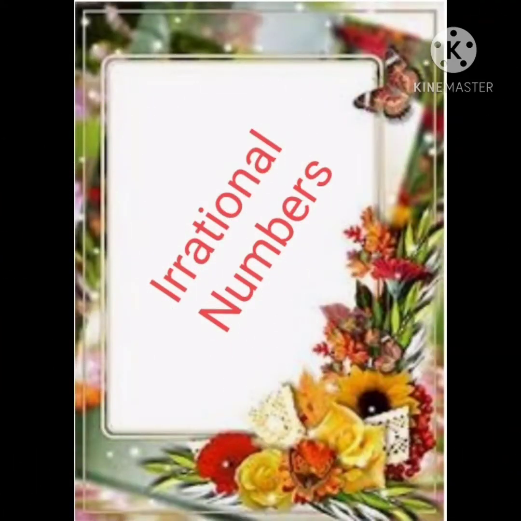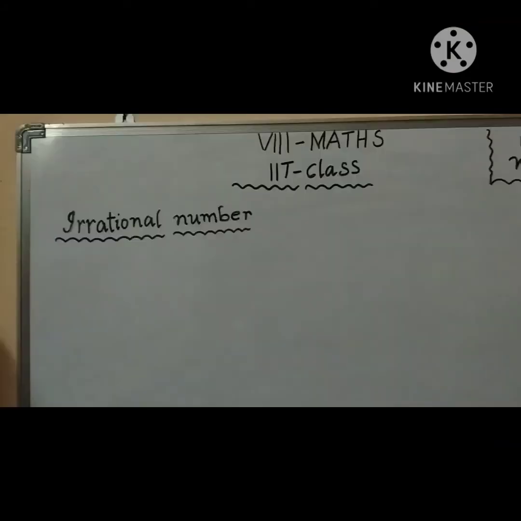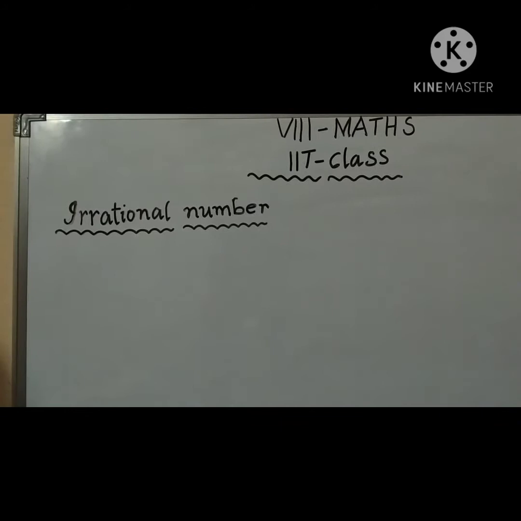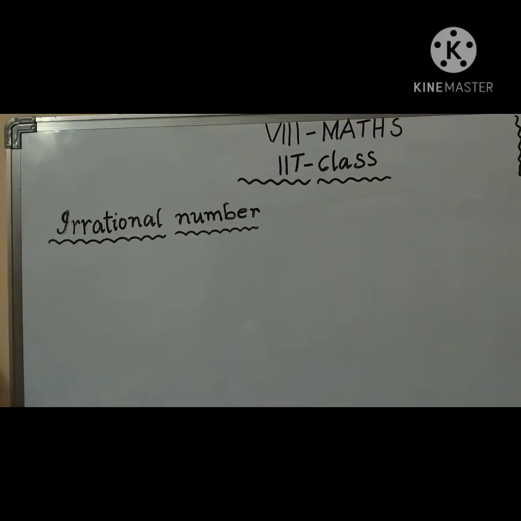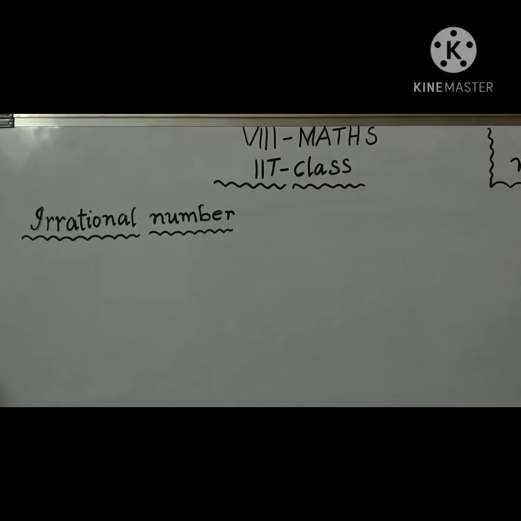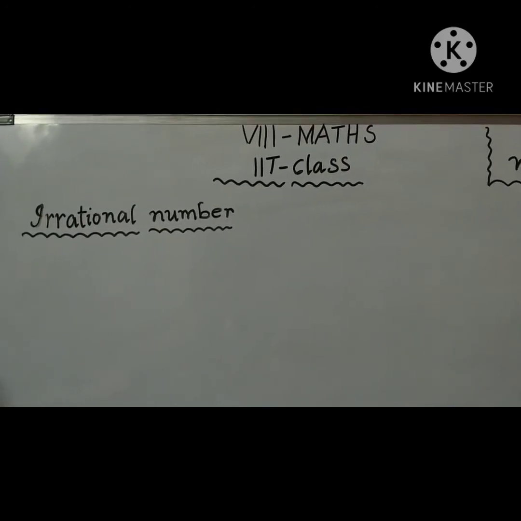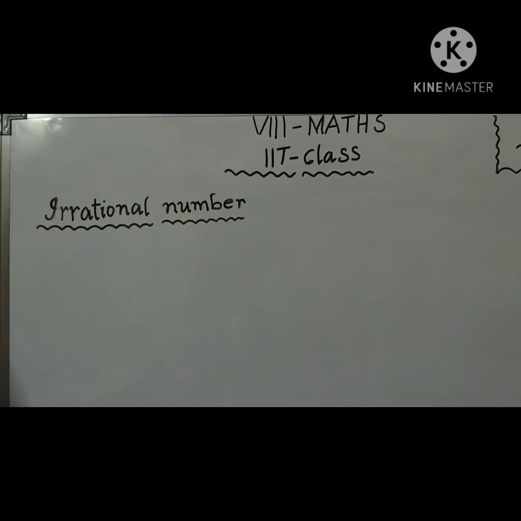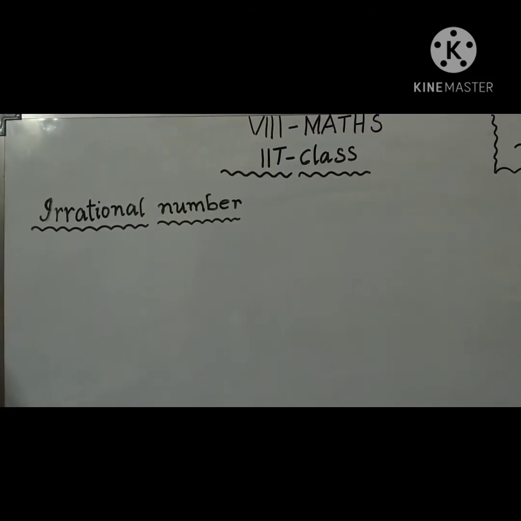The next topic is irrational numbers. What is the definition of a rational number? We learned in the definition of rational numbers that we can write them as a fraction in p by q form.